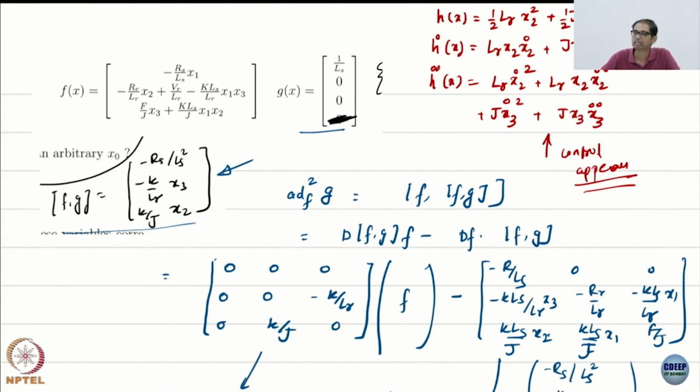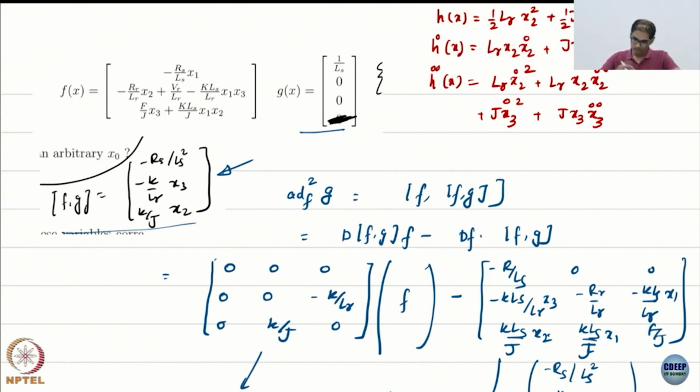Sorry, I got all my coordinates, right? Or should I have, no, wait, I should be very careful. Did I get all my coordinates? What would be my coordinates in this case? They will be h, h dot and h double dot. No, a control should not appear here either. Will the control appear here?